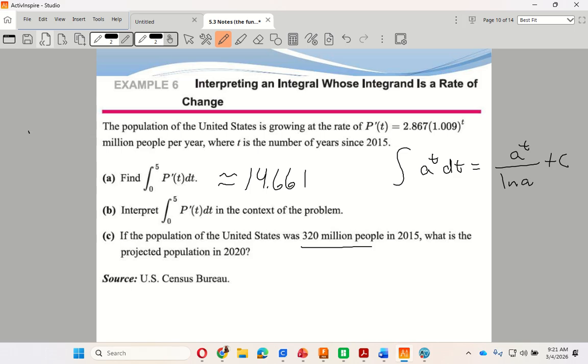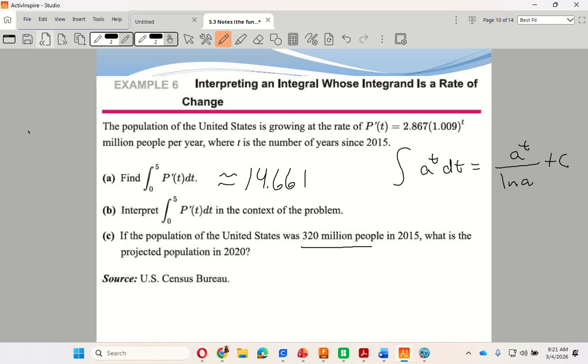Add the two. You added together. 14.661 and 320 million. Add those together.